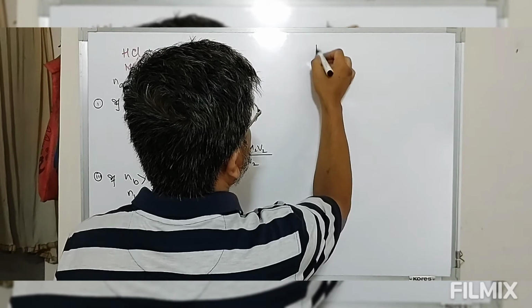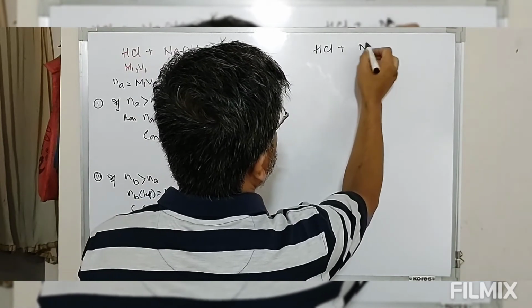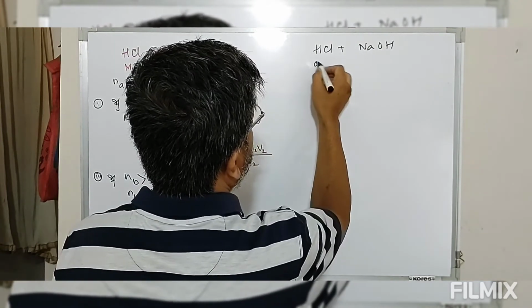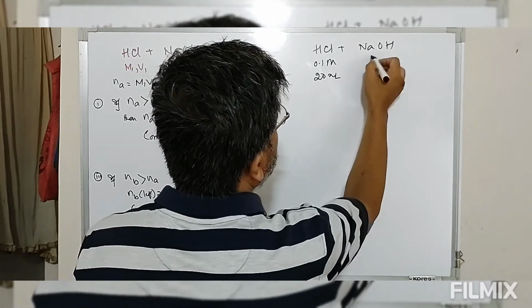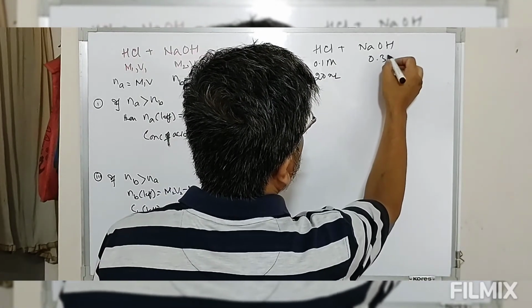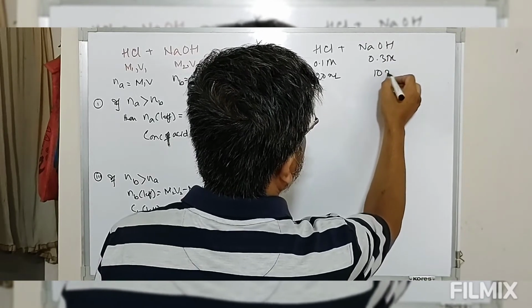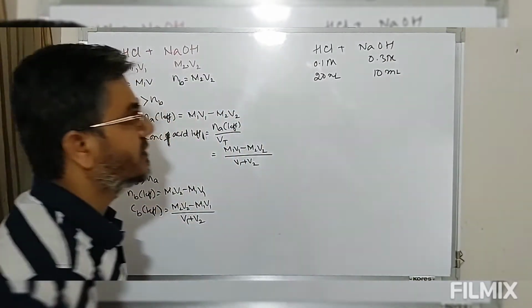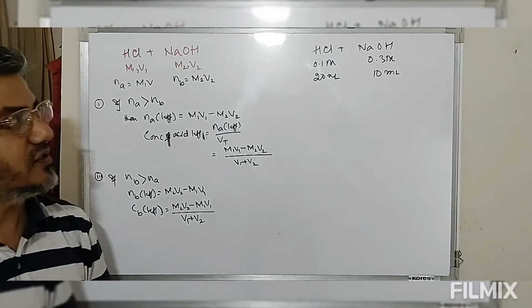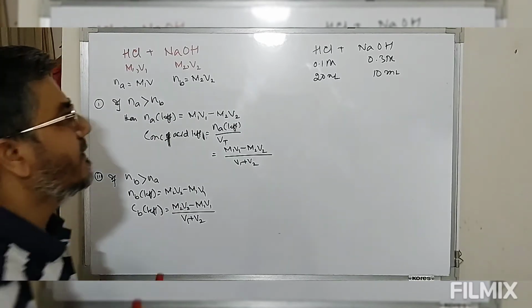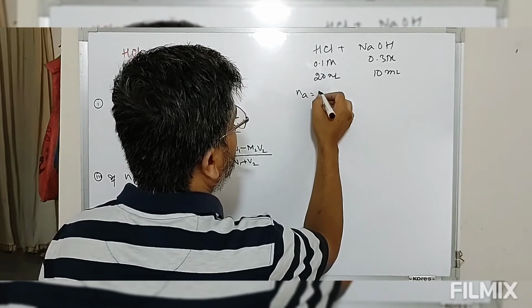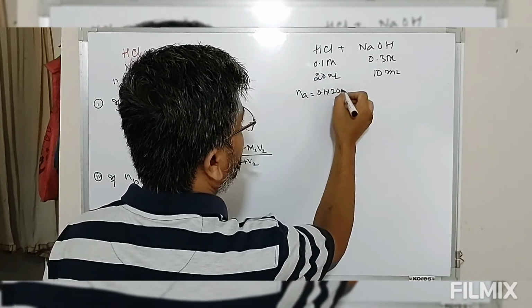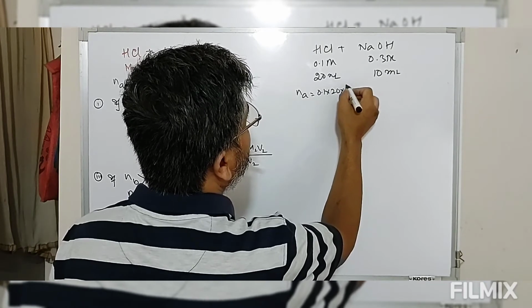Suppose, look at this, we have a mixture of HCl and sodium hydroxide. So we have 0.1 molar, 20 mL, mixed with 0.3 molar, 10 mL. Then what is the quantity and concentration of the species left? Now look at this, the number of moles of acid is 0.1 into 20 into 10 to the power minus 3.